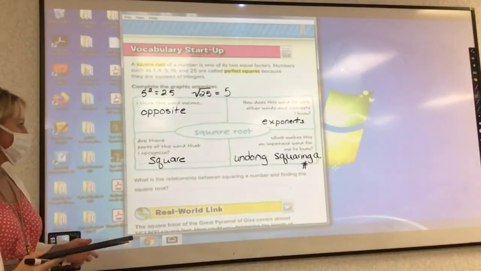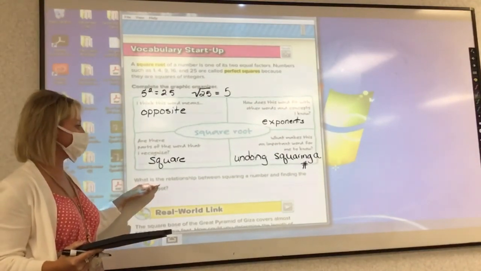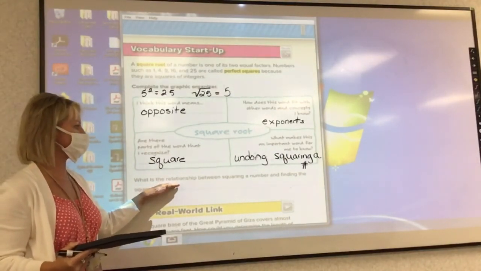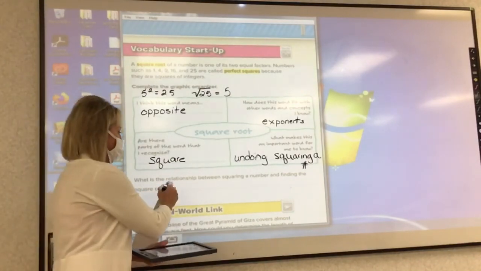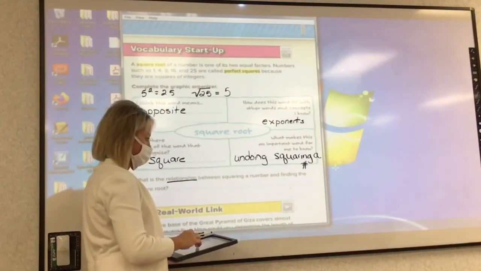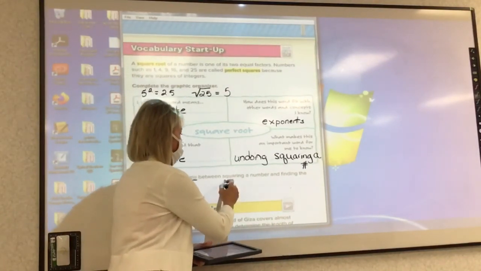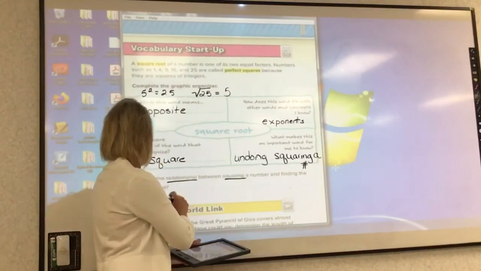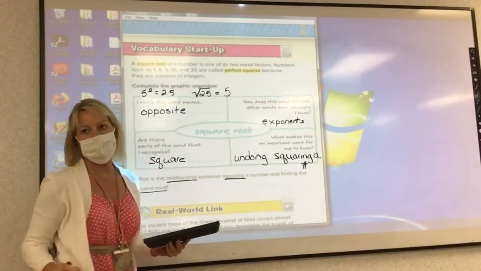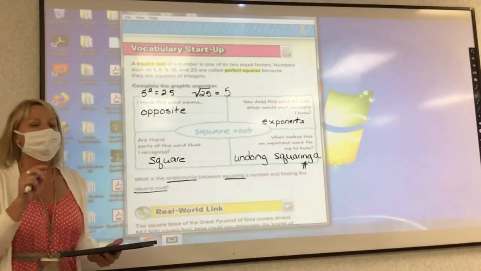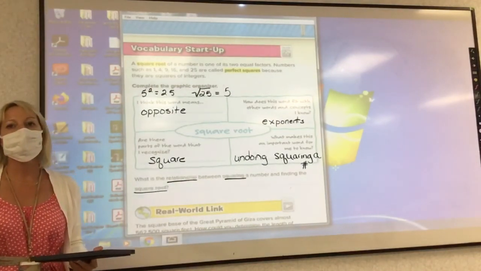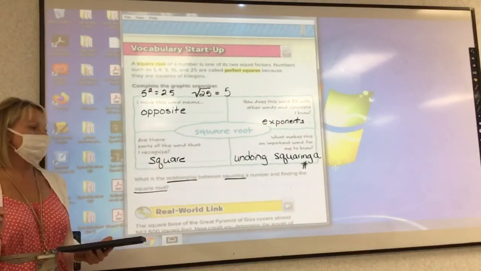But now they're asking us the relationship between squaring a number and finding the square root. I'm going to underline the word relationship. I'm going to underline the words squaring and square root. Yes, I know the answer to the question.